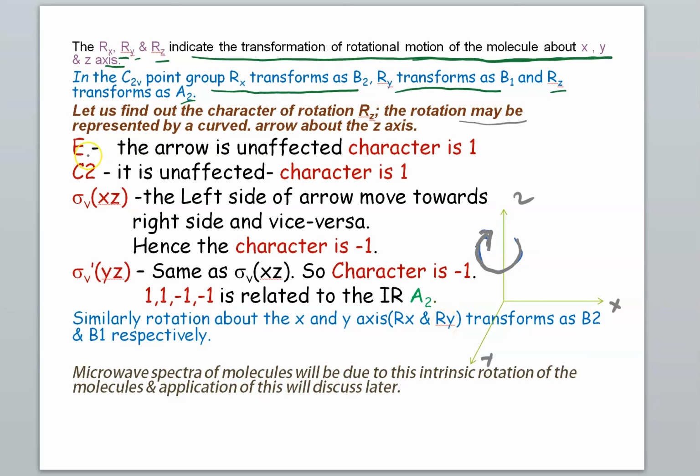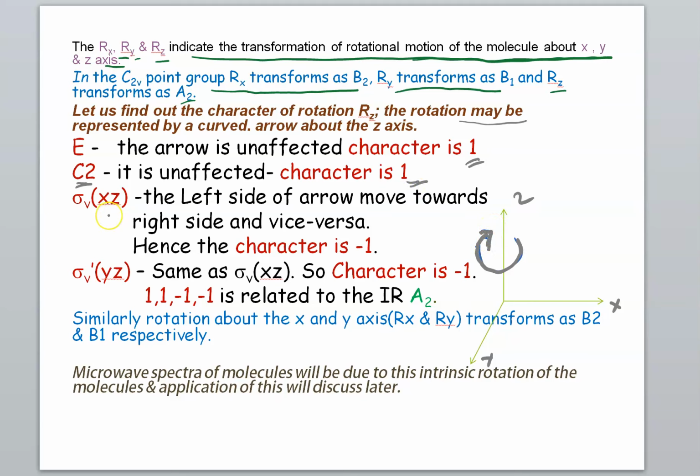Then the operator E: on operating E, the arrow is unaffected, therefore the character is 1. On operating C2, this is the z-axis, therefore there is no change in the arrow. Its character is also 1.